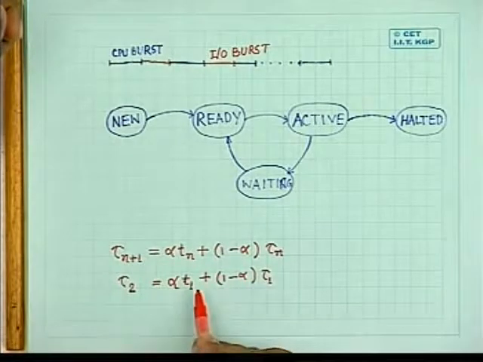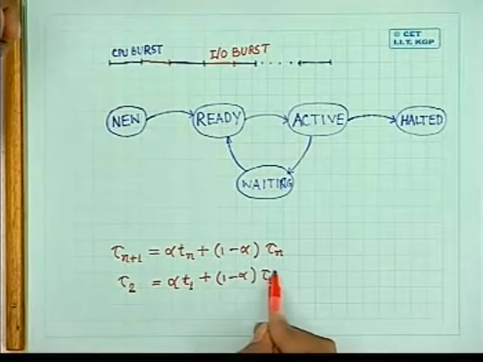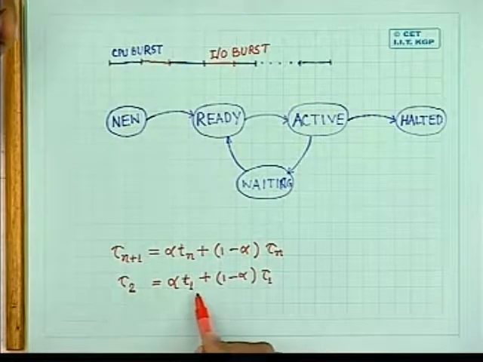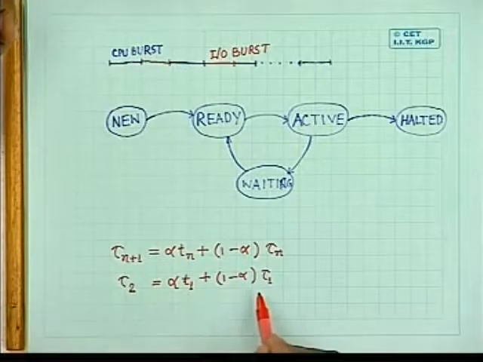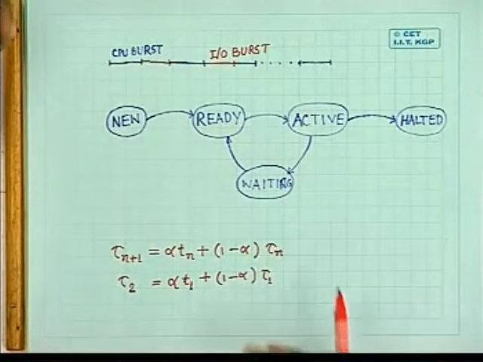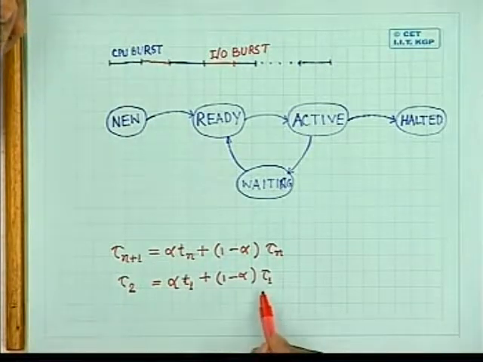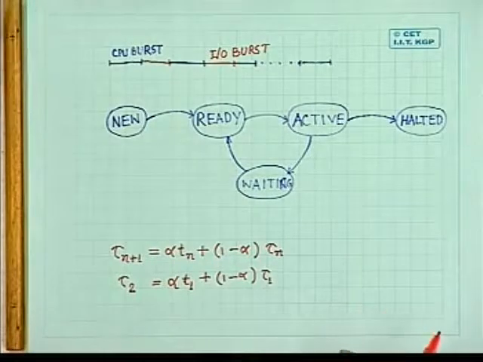So, one of the two things can be done to replace this tau 1. I can assume tau 1 to be same as T1, as if the past history of the job is same as the immediate past nature of the job. So, I can assume tau 1 to be equal to T1, or I can even put tau 1 equal to 0.